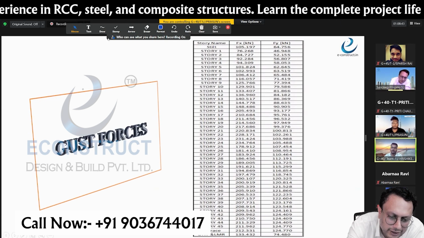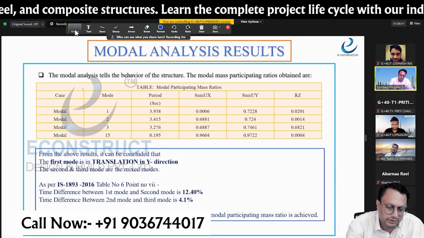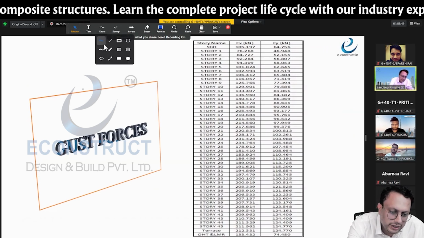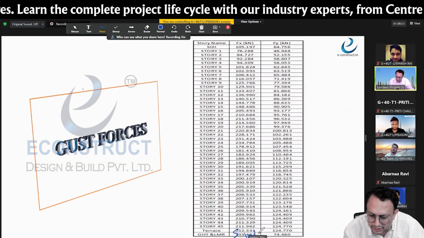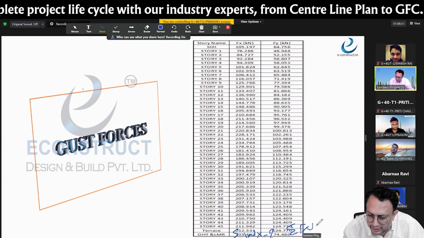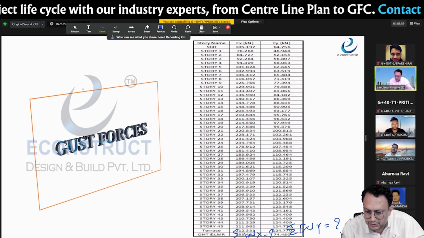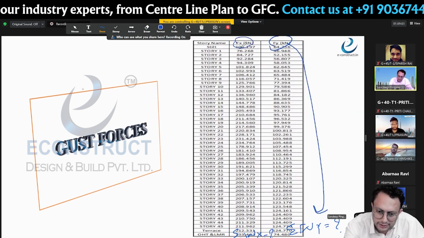And whenever you are giving this kind of slide, try to give the total summation of the wind base shear in the x direction, and the summation of wind in the y direction. This is y, right? This is x.